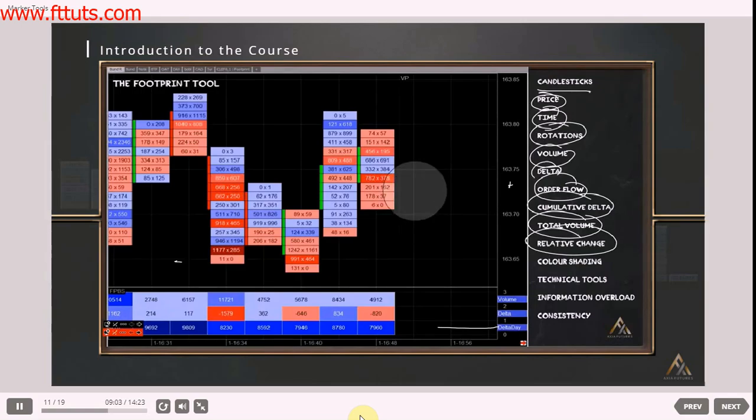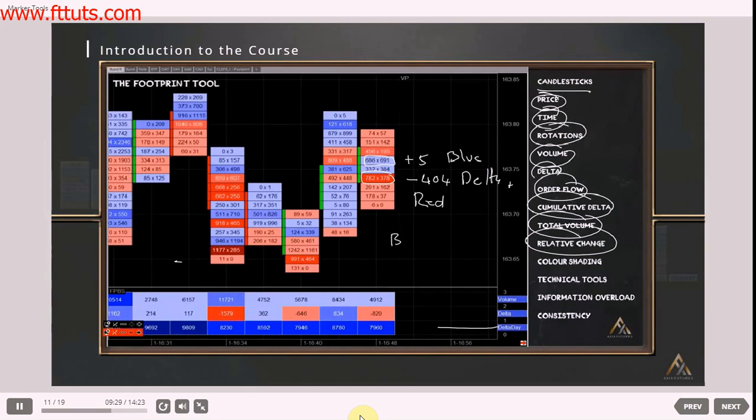So let's look again at these colors, and let's now take this segment that we had from earlier. What we can see is there's a negative 404 delta. When we have negative deltas occurring at a price, we will always get red colors. When we have positive deltas, as we can see in this example, this will be positive 5, we get blue deltas.